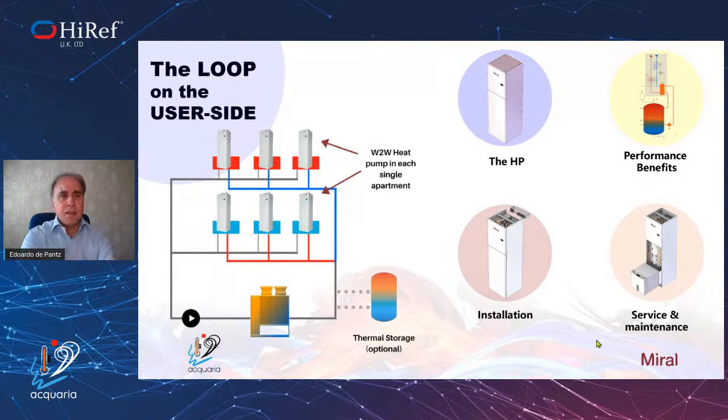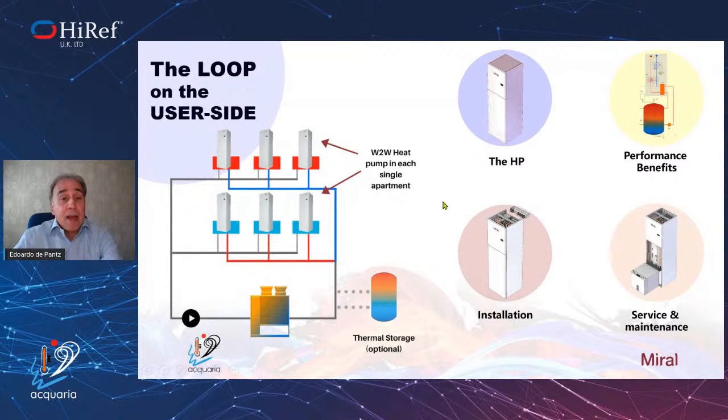So basically, we have seen from Stuart and from HiRef how to manage the control of the loop and how to keep the loop under a certain operative range. Let's have a look now at the other side of the loop, the user side. In each apartment we are proposing a single water heat pump.